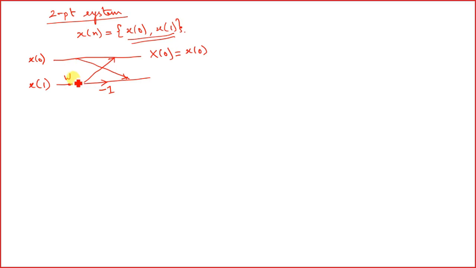This is a 2-point twiddle factor, a 2-point DFT we want to find out. So W2 0, okay, plus x1 into W2 0. Now what we said in our last class is that for any value where nk is equal to 0, that twiddle factor value is 1. So it basically becomes x0 plus x1.